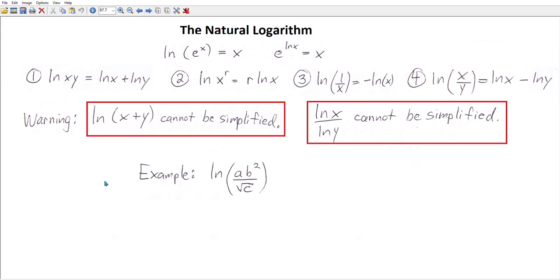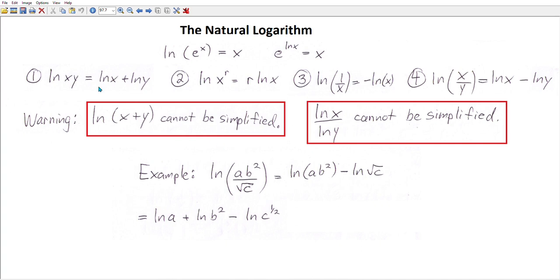Okay, so let's use our properties to simplify some things. So let's take a look at the log of ab squared over root c. By property 4, that's going to be log of ab squared minus the log of root c. Now, ab squared is a product of a and b squared.